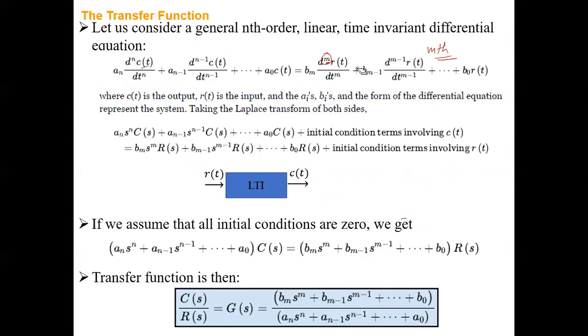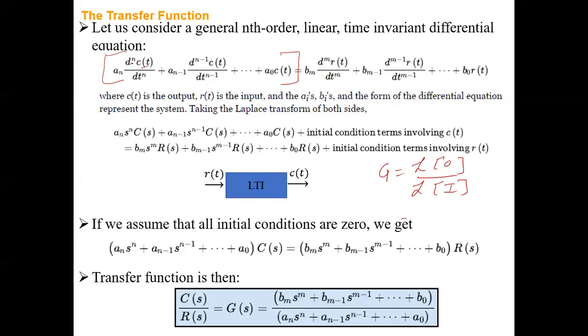So first of all, what is the transfer function? The transfer function is G equals the Laplace transform of the output divided by the Laplace transform of the input, right? That's the transfer function. Now let's find the Laplace transform of this guy here.